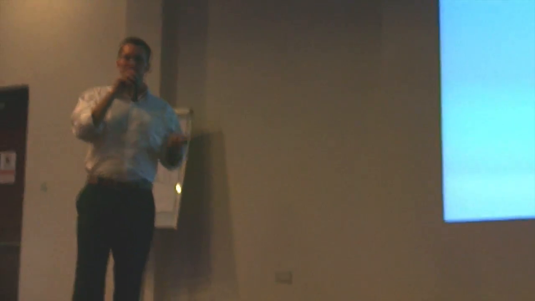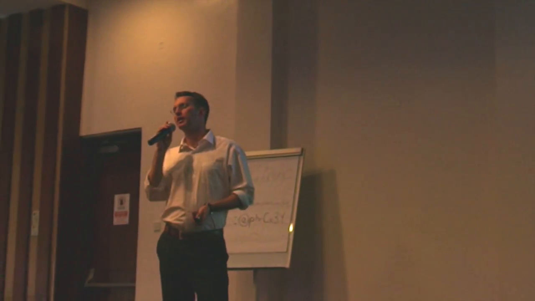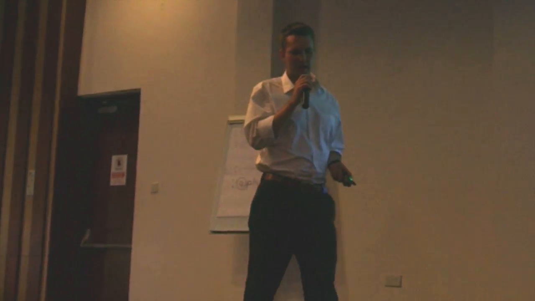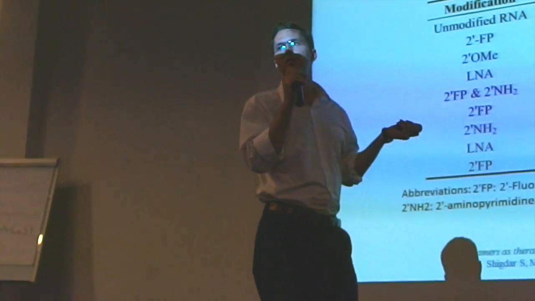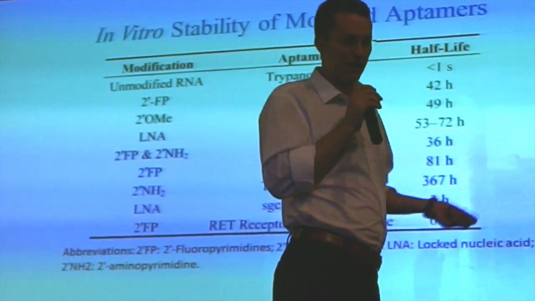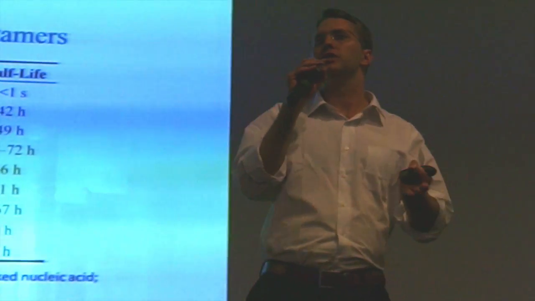If you've been up with some of the recent clinical trials, there's an anti-thrombin aptamer that had some toxicity issues, and that was because they added too much pegylation, which is a shame because that's one of the beauties of aptamers, very low immunogenicity.